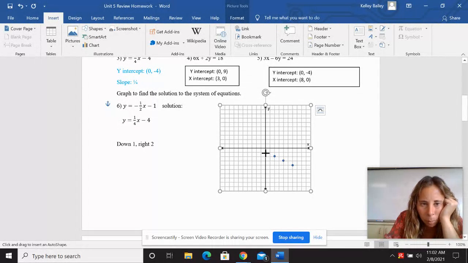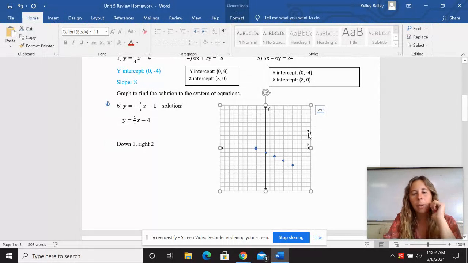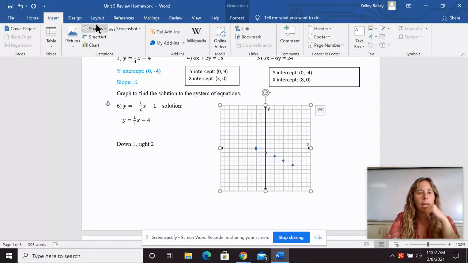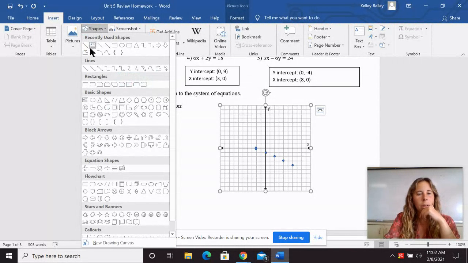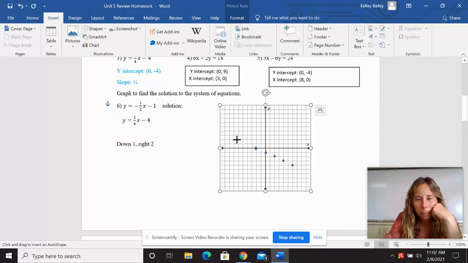So you'd go up 1 to the left 2. Okay, and you could keep going that way forever. Now I'm going to connect them with a line. There we go. It should go on forever in both directions.